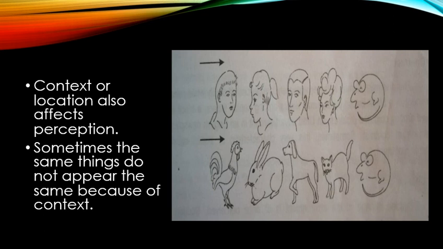Simply because of the context. After looking at the faces, we tend to see a face, whereas after having seen the animals, the same figure looks like a mouse. The things do not give meaning out of their context. Context or location affects our perception. These both rows do not appear the same.